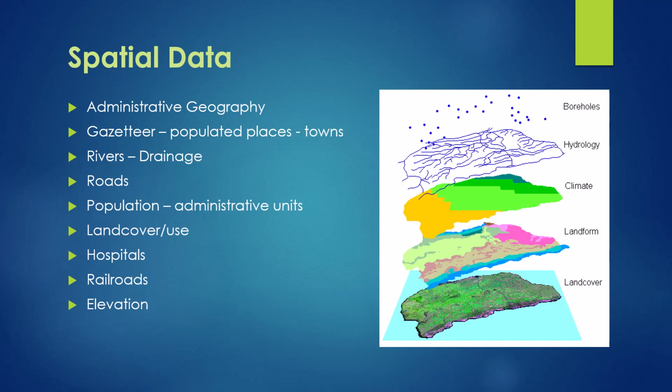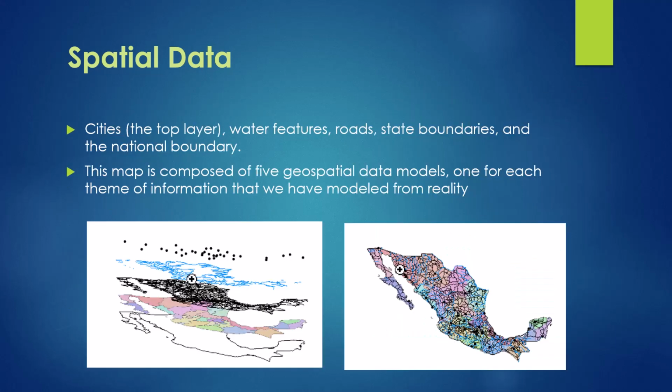So you can see on your right a series of layers stacked on top of each other, providing this kind of concept. In this figure, you can see 5 facets of Mexico City: the top layer, water features, roads, state boundaries, and the national boundary.